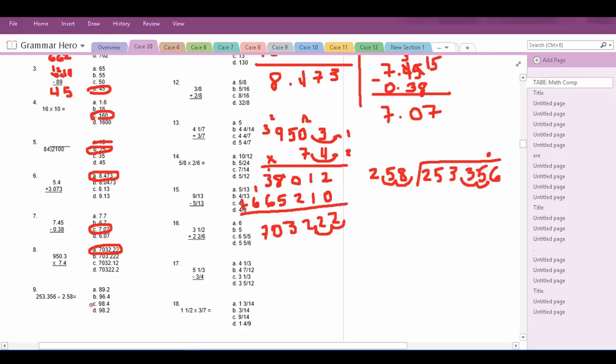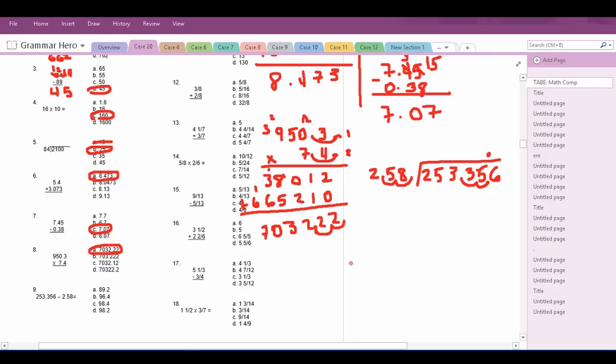So if it turns out that 98 will get me this number, I can cross these two out automatically and just work with the decimal places over here. So that's what I'm going to do. I'm going to start by multiplying 258 by 98 and see what that gets me. If it's less than 25335.6, we know we can use 98. So let's go ahead and do that.